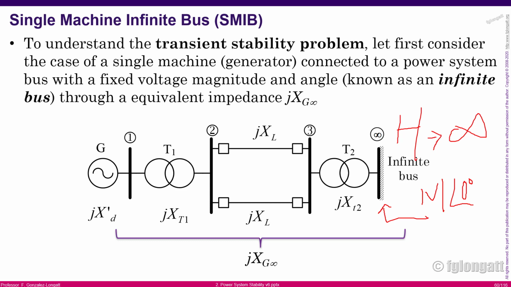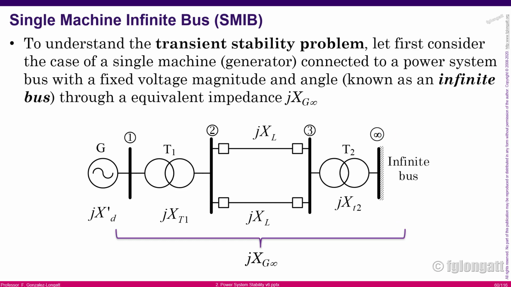Typically, we assume that that voltage is a reference, 0 degree. It could be any angle, but it will be constant, and we will assume that the infinity bus bar is the reference, okay?